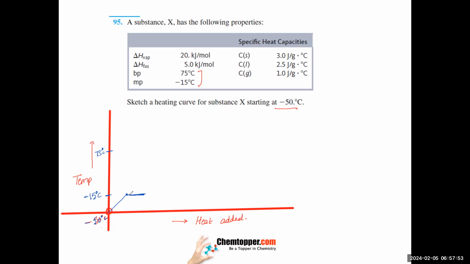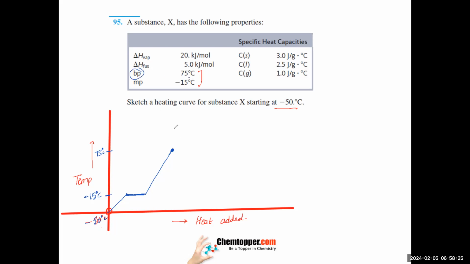Melting has started. So whatever heat I'm giving, that's not showing me any rise in temperature. And then after that, minus 15 to 75, and this is again a rise in temperature. And then what happens after that? It starts boiling.